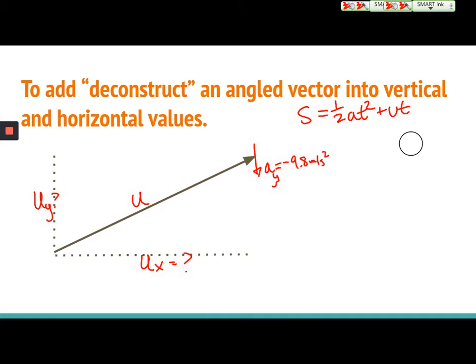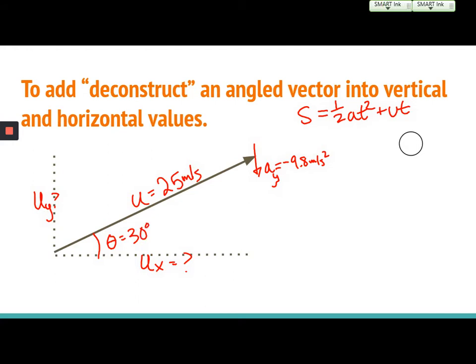So I need to know my vertical version and my horizontal. So again, we need to know our angle, and we need to know our value. So let's say that this u is 25 meters per second, and let's say our angle is 30.